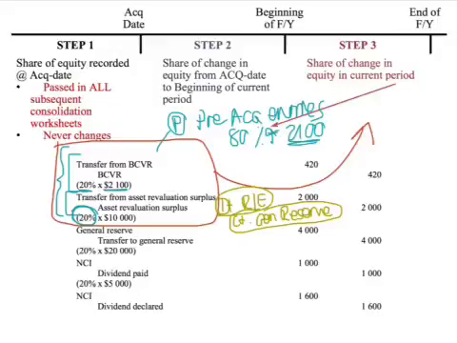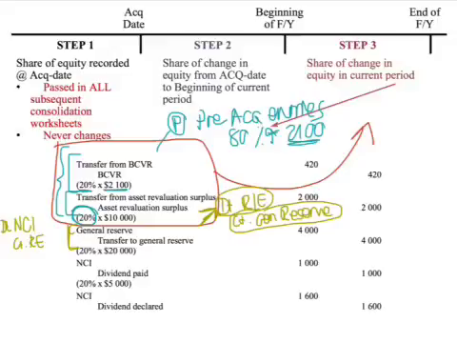The effect on the NCI is, because the retained earnings has decreased, our NCI subsequently has to decrease in line with that movement in that equity account balance. So the one leg to this combined journal then is to debit our NCI, to reduce it with a transfer, and credit our retained earnings. The other leg is that the general reserve of the subsidiary has increased by $20,000.